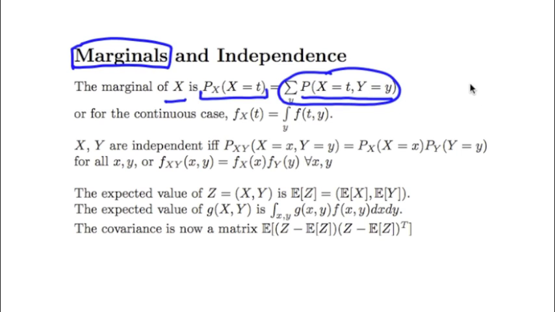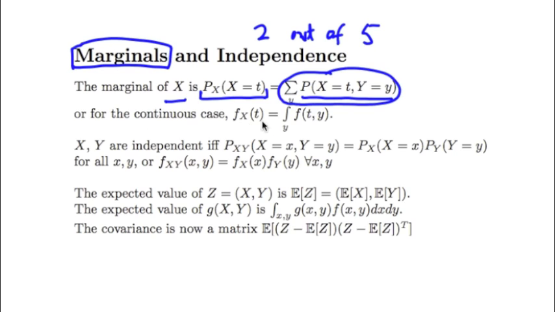If there were several other variables, this would be a multiple summation over all those other variables. Again, to get a marginal for two variables out of 5 variables, you sum over all the possible values of the other 3 variables.